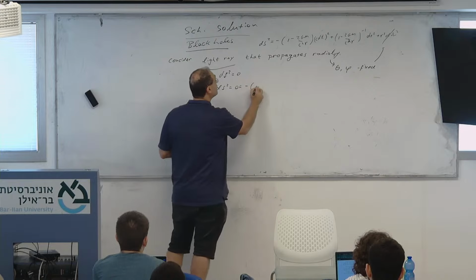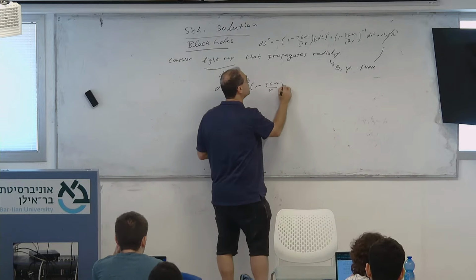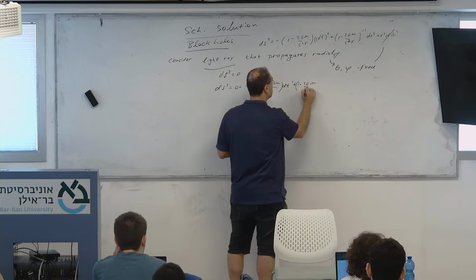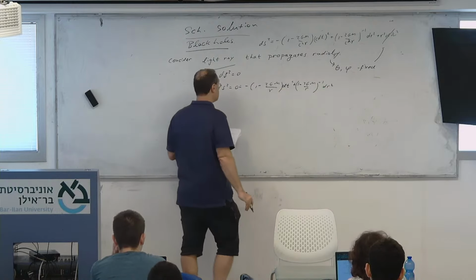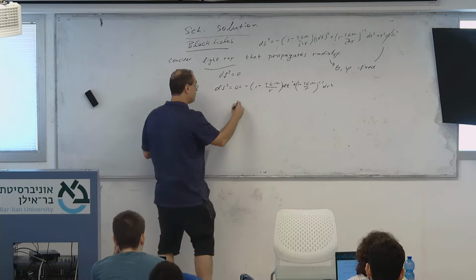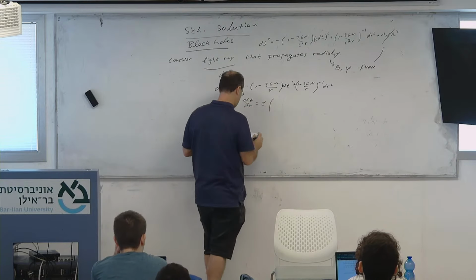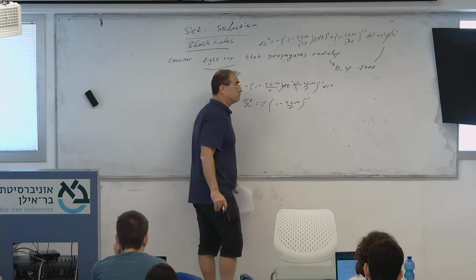Okay, good. So 0 equals minus (1 minus 2GM over r) c squared dt squared plus (1 minus 2GM over r) to the minus 1 dr squared. Let's just solve that, and I get that c dt over dr is plus or minus (1 minus 2GM over r) to the minus 1.